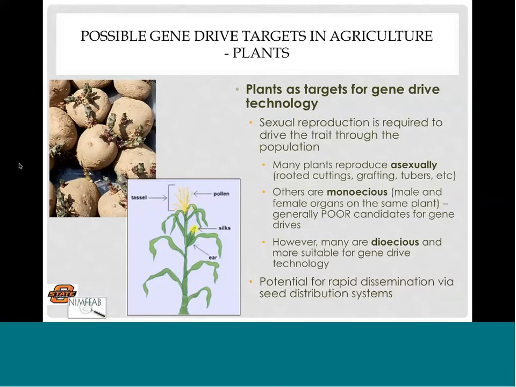But many other plants are dioecious and have the male and female flowers on different plants. And these may be more suitable in general for gene drive technology. There's also a consideration of dissemination, not so much by natural means, but also by seed distribution systems, which within agriculture are immense and global.